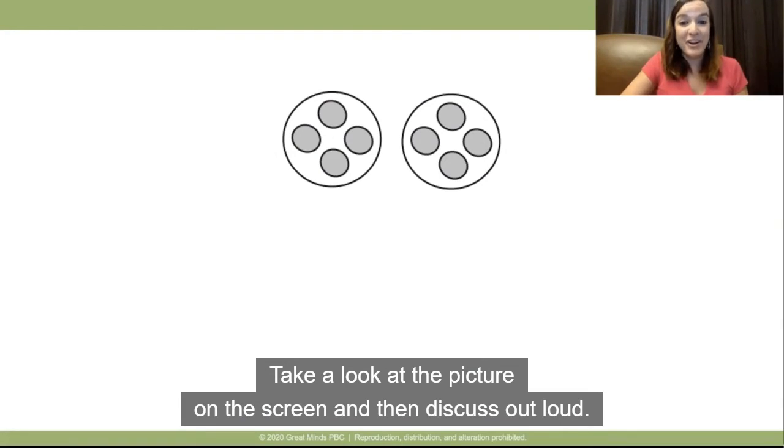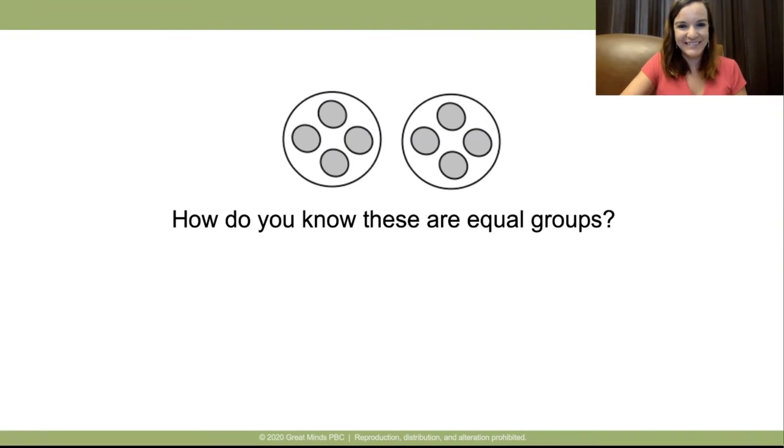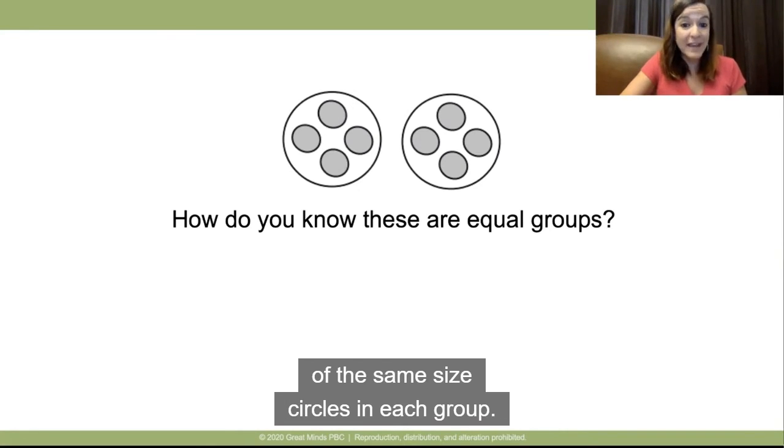Take a look at the picture on the screen and then discuss out loud. How do you know these are equal groups? Maybe you explained that there are the same number of the same size circles in each group.